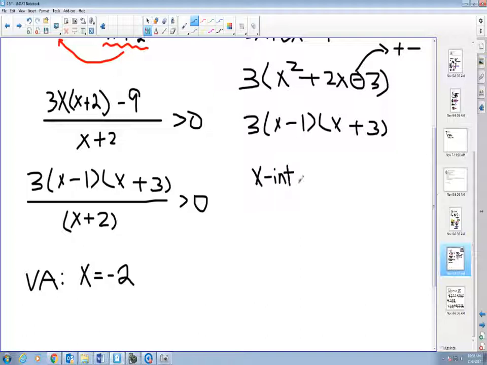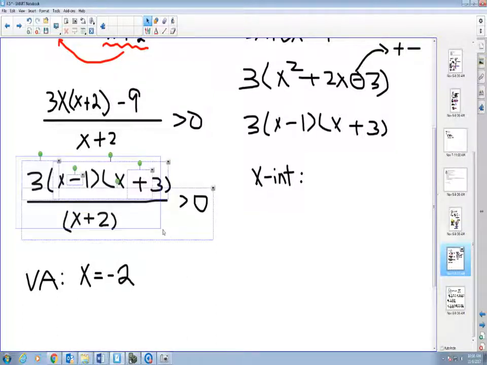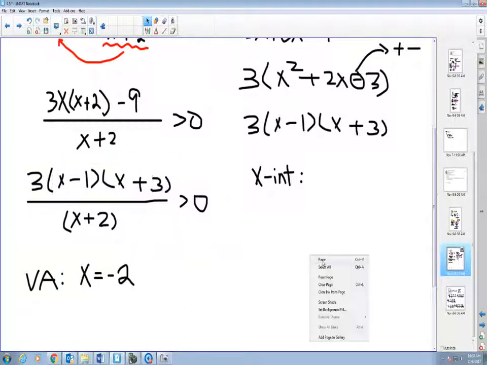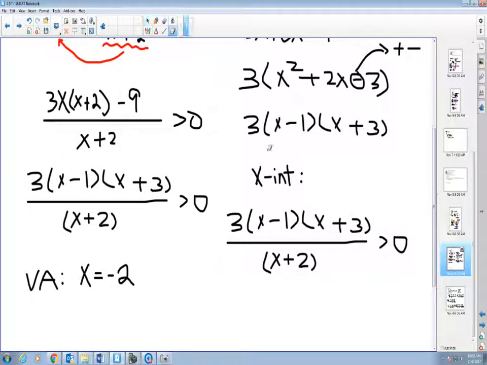To find the x-intercept, I'm going to find x when y equals 0. So my whole entire left side here, set it equal to 0 to solve for x. If I use the same trick, 0 over 1, use my little cross product, what these things multiply by 1 will still be the same thing.